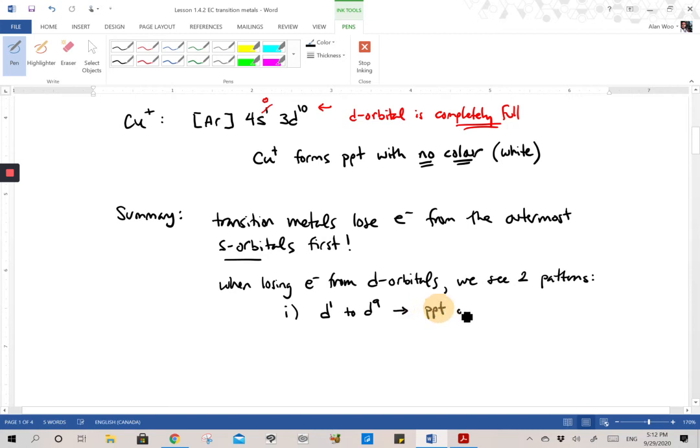Precipitates of transition metals have color.